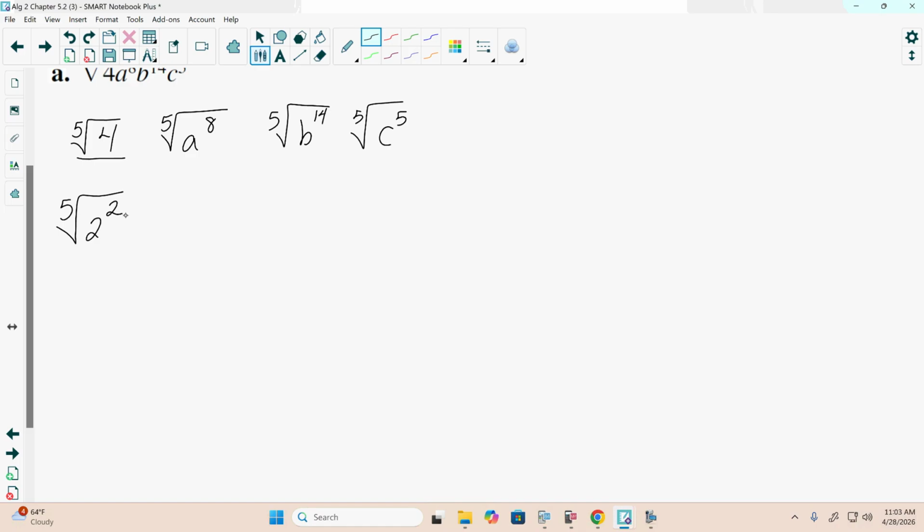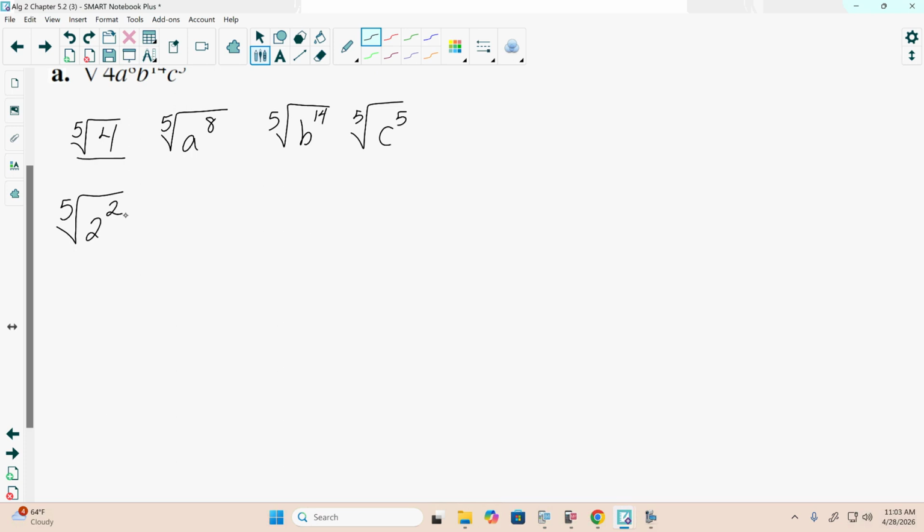But let's think back to our simplifying rules. I'm going to go in reverse order. Number 3 says we cannot have a radical in the bottom of a fraction. Here, we do not have a fraction, so that doesn't matter. Our second one said that we cannot have a fraction inside of a radical. Again, doesn't matter because we have 2 squared. We don't have a fraction.